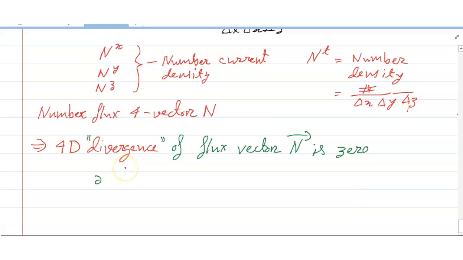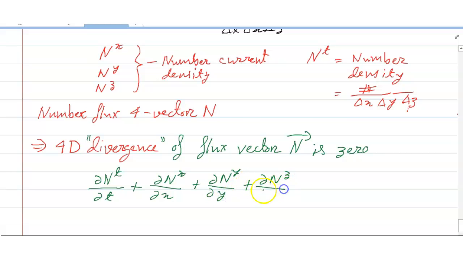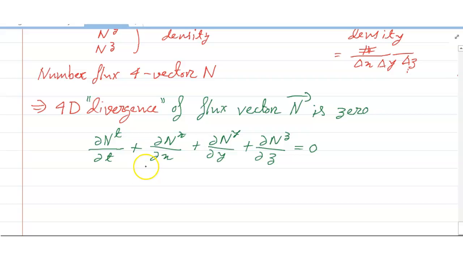So del nt divided by del t plus del nx divided by del x plus del ny divided by del y plus del nz divided by del z equals 0.